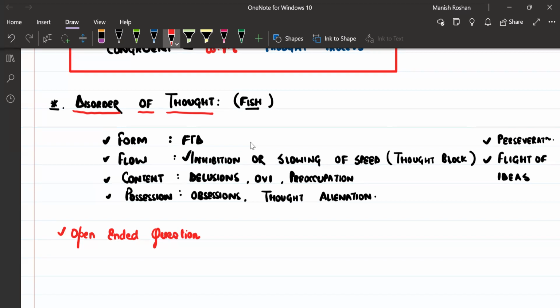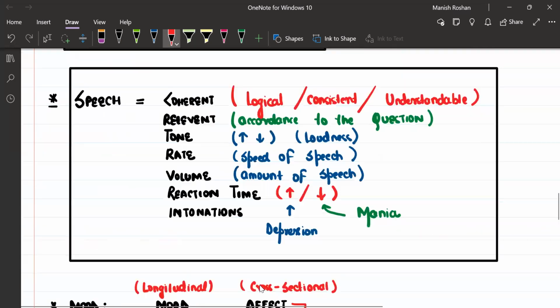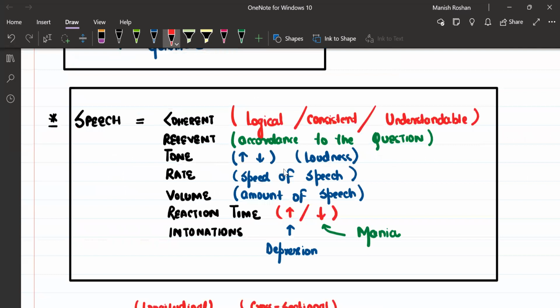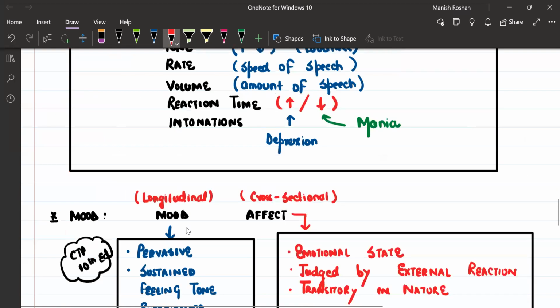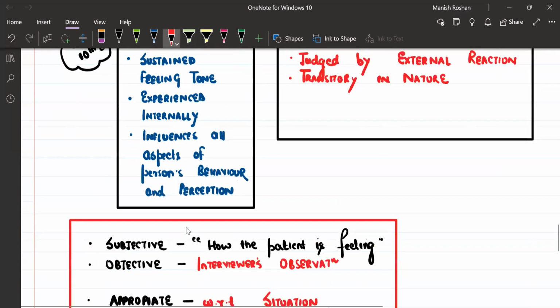Only while asking the open-ended question will these components of speech that we have just talked about be elicited. So the open-ended question serves a number of purposes. First, it will be helpful in deciding the disorder of thought. Various headings will be decided by open-ended questions, that is, while giving the speech sample. Also, the various components of speech will be decided by that only.